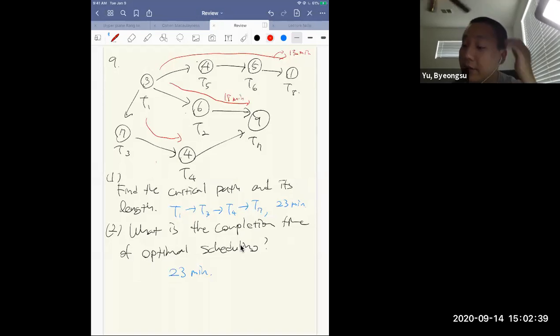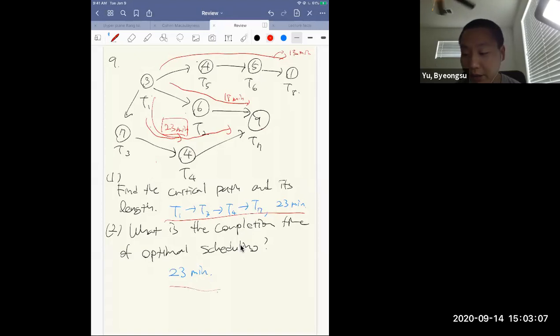And the next one is 3 plus 7 plus 4 plus 9, so it is 10 plus 13, which is 23 minutes, right? So that's why we take the last path, T1, T3, T4, T7 as the critical path, the optimal one, and the completion time for optimal scheduling is 23 minutes, right?